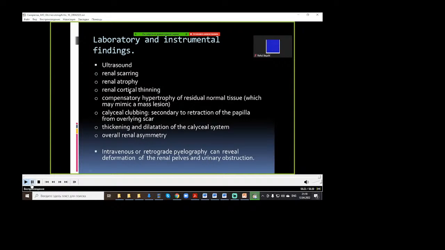Then we may need intravenous or retrograde pyelography, which can reveal deformation of the renal pelvis and urinary obstruction as a cause of pyelonephritis.